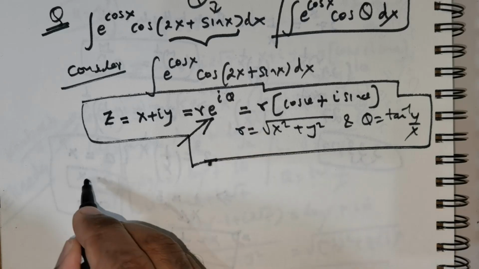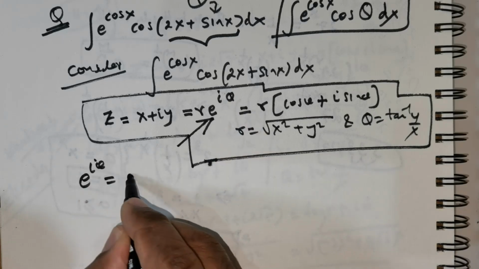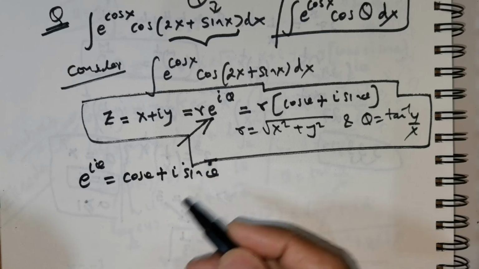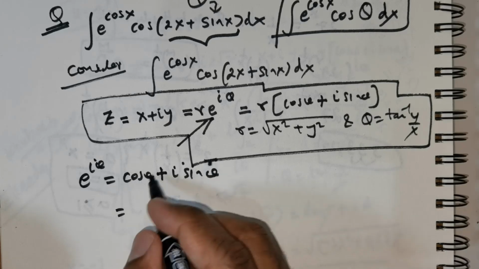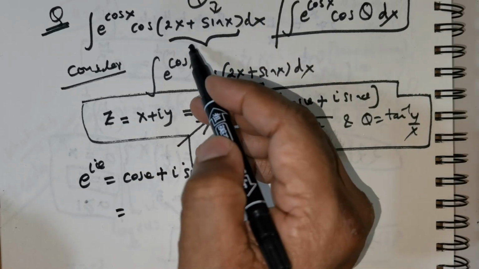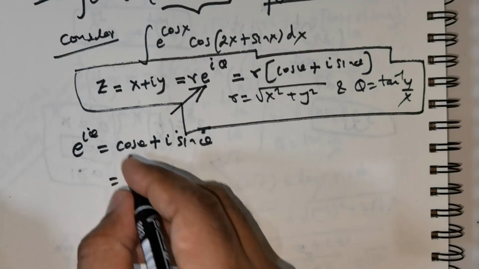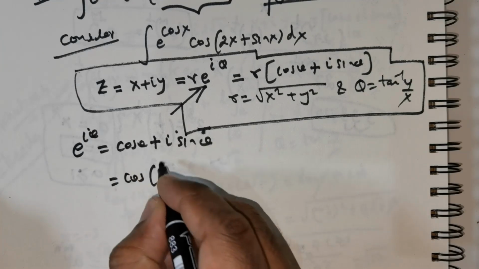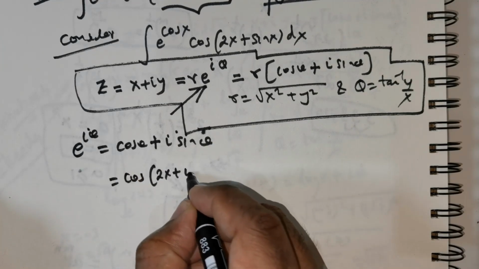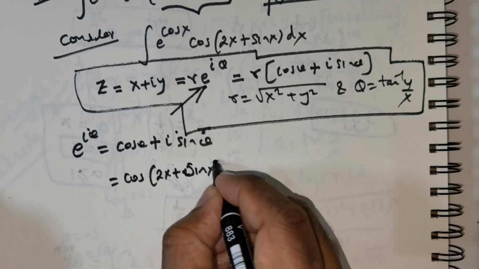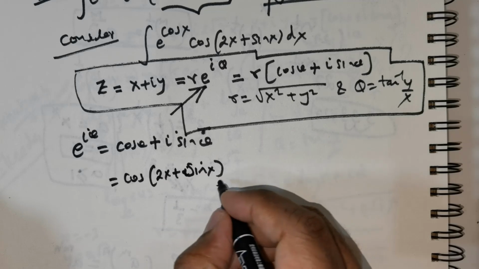So clearly we see that e raised to the power of i theta is nothing but cos theta + i times sin theta. Now if instead of theta, as I mentioned to you, you have to visualize theta to be 2x + sin x. So if I were to take that, there is no i there, so it's only sin x, so it's even more simple now.